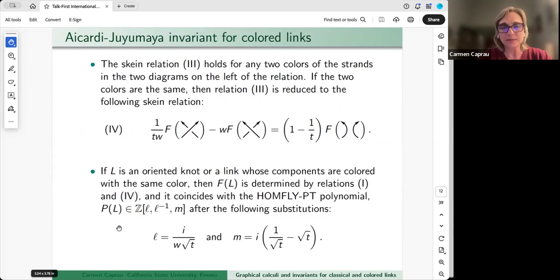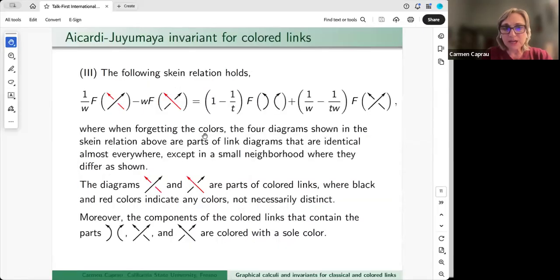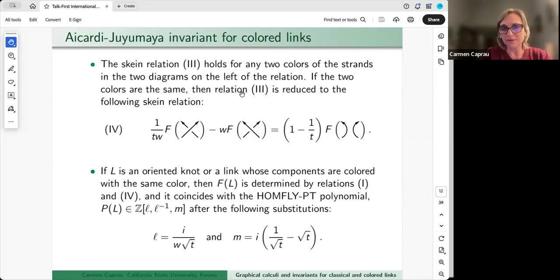Now it's just a remark, so it's not part of the definition, it's just an observation about the previous skein relation: if we say that these two diagrams represent links where the arcs that we have there are colored the same, then we can combine this term with that term, and you obtain this skein relation. So you have a positive crossing, negative crossing, oriented smoothing.